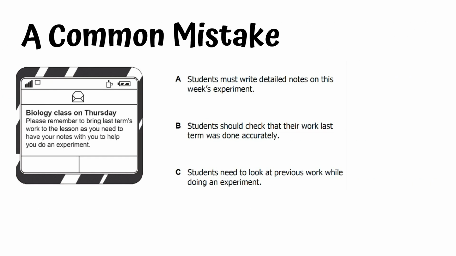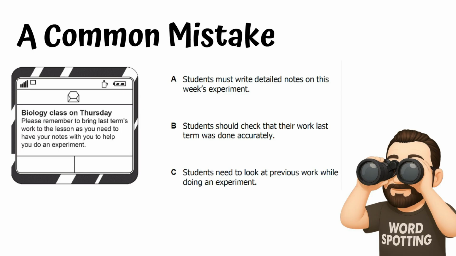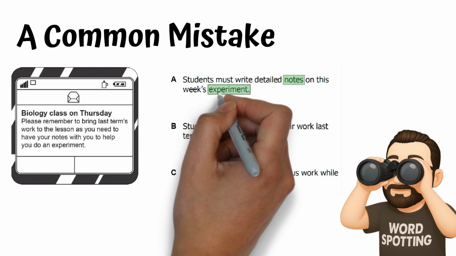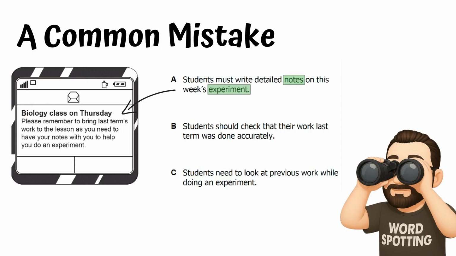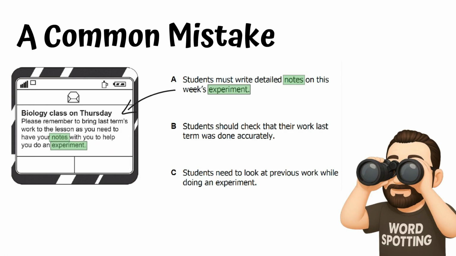A common mistake in this part of the exam is what we call word spotting. Word spotting is when students automatically see the same word repeated in the answers and the text. For example, the words notes and experiment appear in answer A and the text. However, be careful.